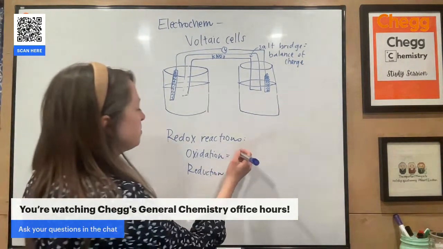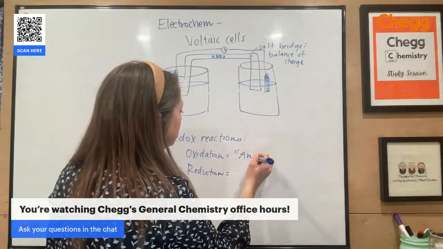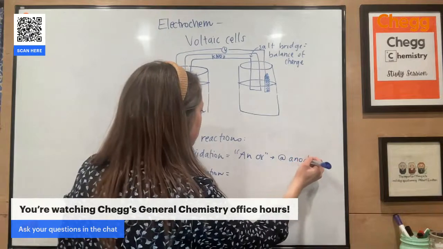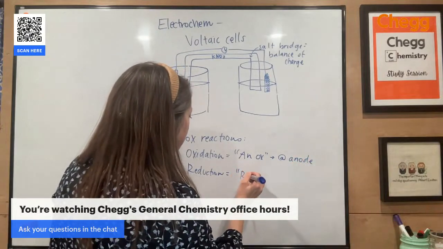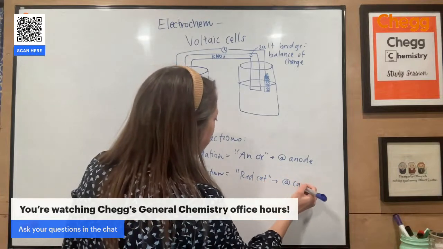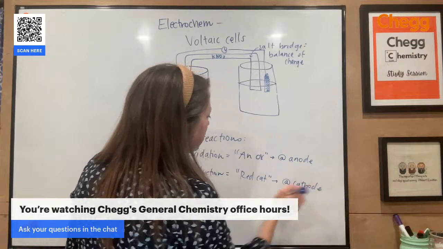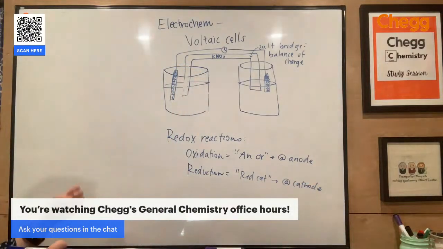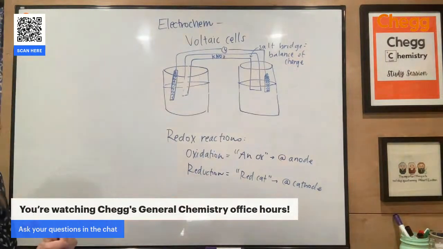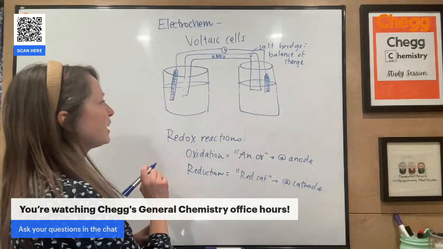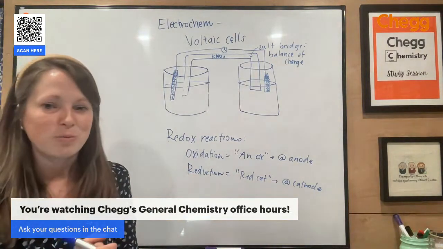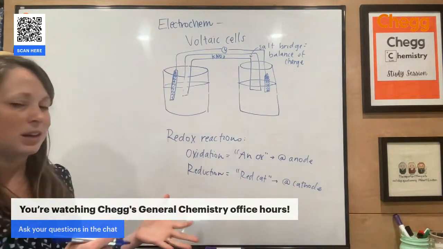Oxidation, if you can remember, oxidation happens at the anode versus red cat. Reduction happens at the cathode. So with that, you also want to remember that electrons come to the cathode, they move away from the anode. And with a lot of these questions, you're going to be asked to find the total cell potential. So you're looking for a positive value with a voltaic cell, because again, this is a thermodynamically favorable process.